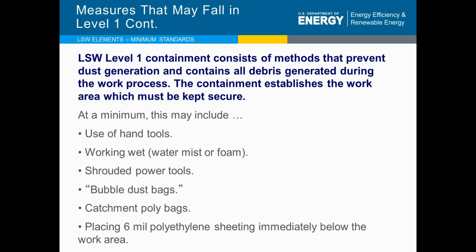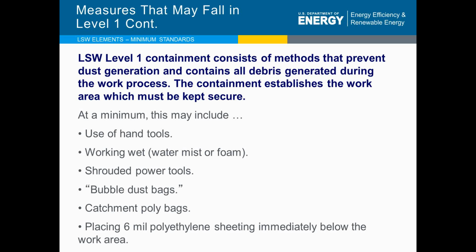So again, it is the determination of the weatherization crew, the supervisor of that job, the crew chief in this particular case, that would say, here is the level of containment that we need for this particular job.